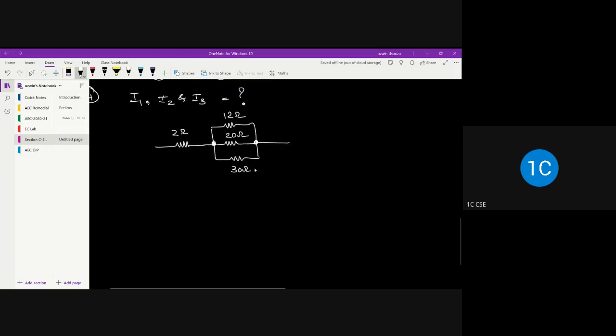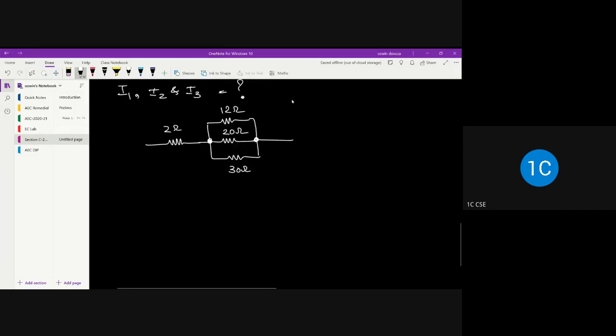Slightly zoom it. 12 ohm, 20 ohm, and 30 ohm. This is then connected in series with a 2 ohm resistor. The combination is connected across a 100-volt battery, plus minus 100 volts.